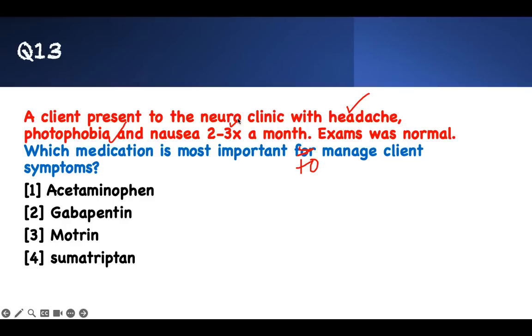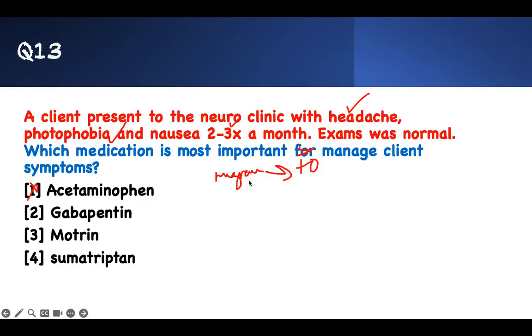I came in with headache, photophobia, and nausea every time, and this happens 2 to 3 times a month. I'm dying. I need some help. You have to make a diagnosis. What do you think? This is not meningitis, right? This is migraine. What medication can help control this problem?